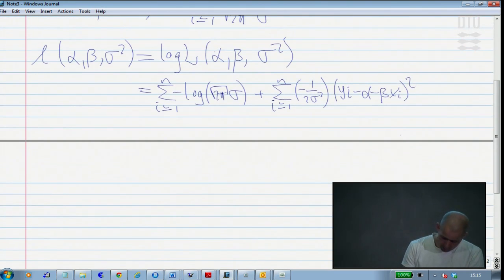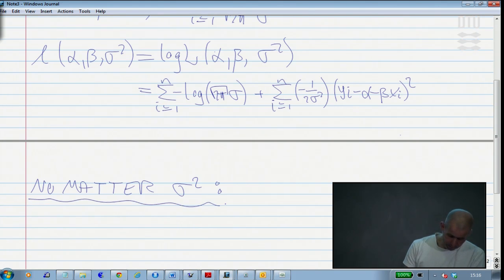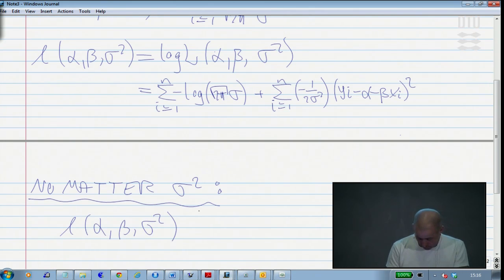Then the point is, for now, we could just ignore the sigma. No matter what the sigma is, we are going to maximize the likelihood.